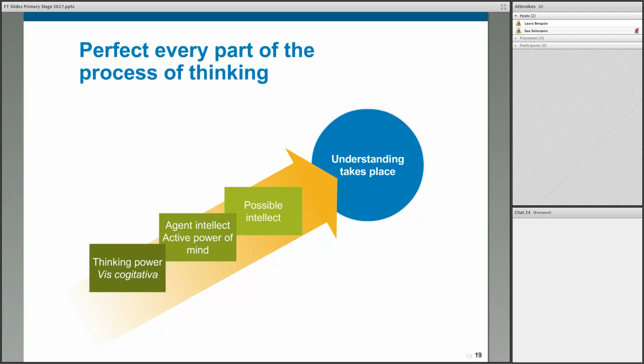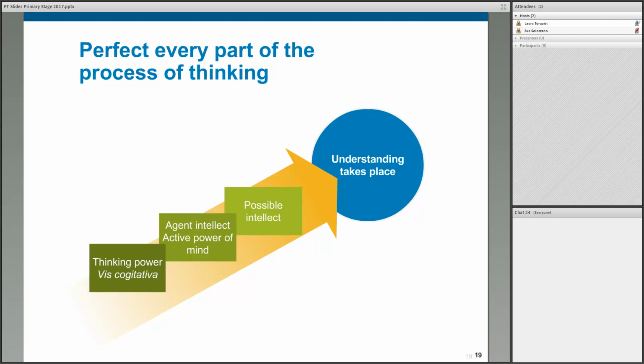They don't look alike in other ways, but there's an essence, a nature that is common, and I see. And then that nature or essence is received into the possible intellect. And that's how I know chairness. And that's how I come to know everything I know. That's when understanding takes place.